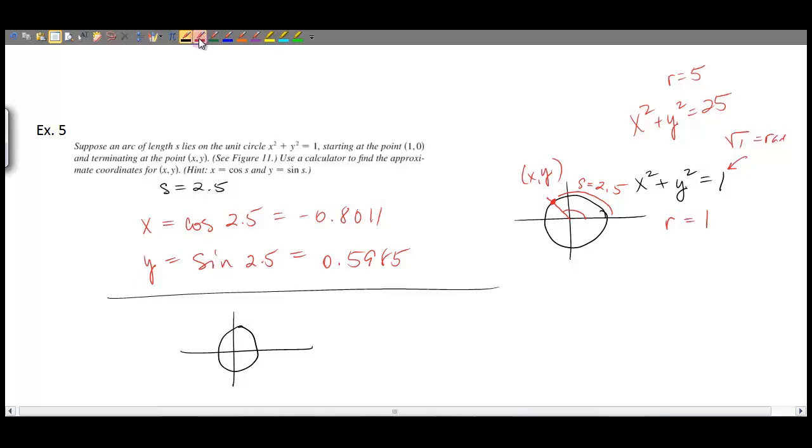Remember that a radian measure, if this is the radius right there, and I were to measure the radius off around the perimeter of the circle, so this radius, that length, and this radius are the same.